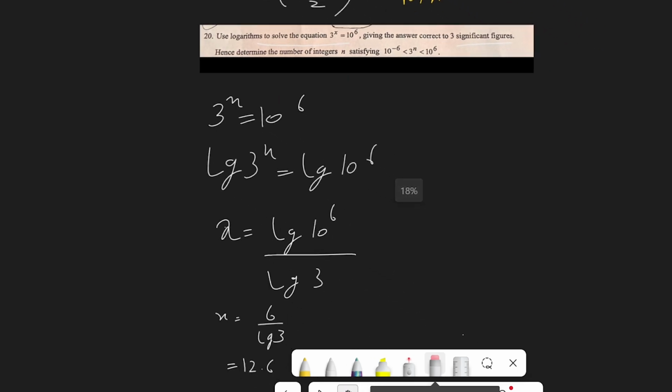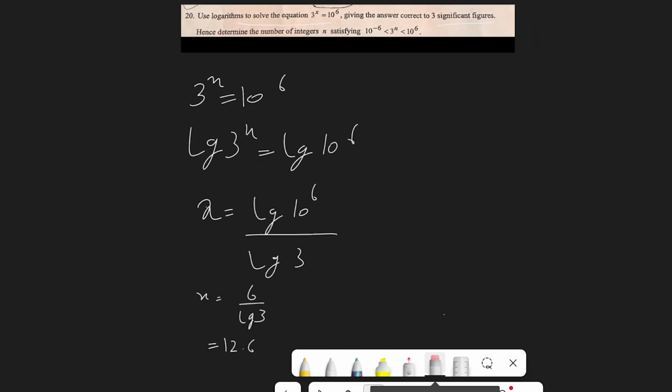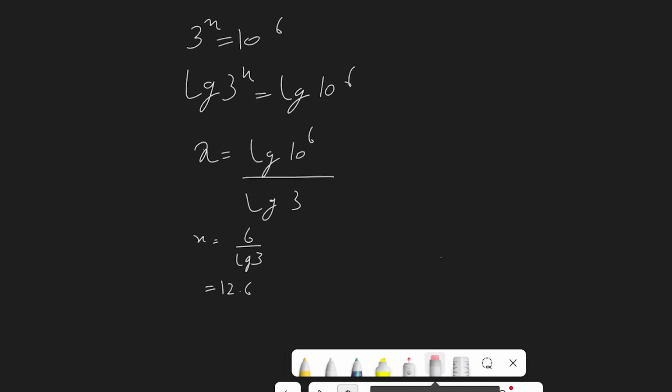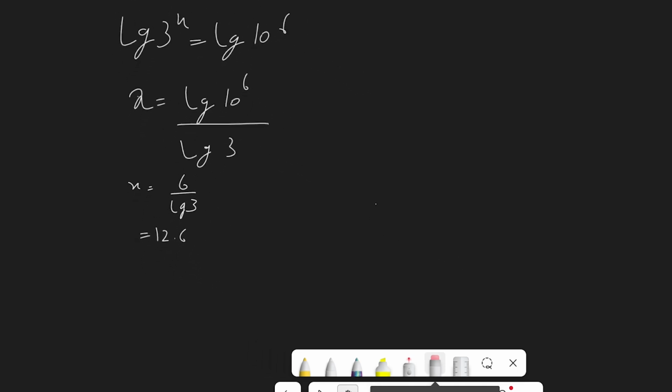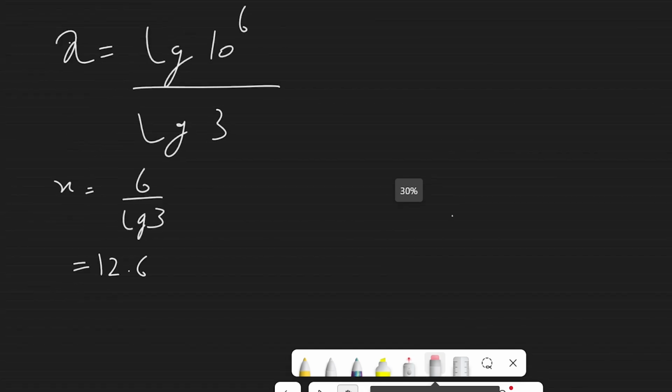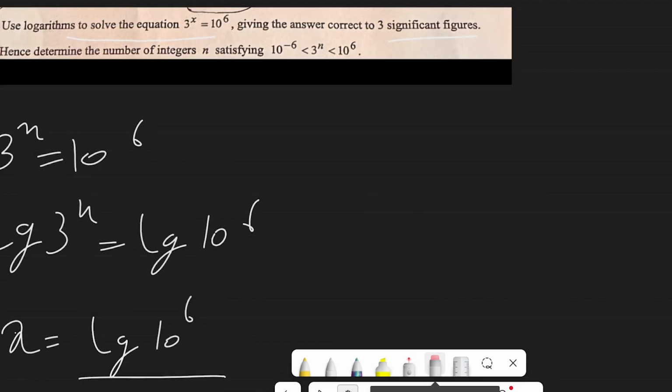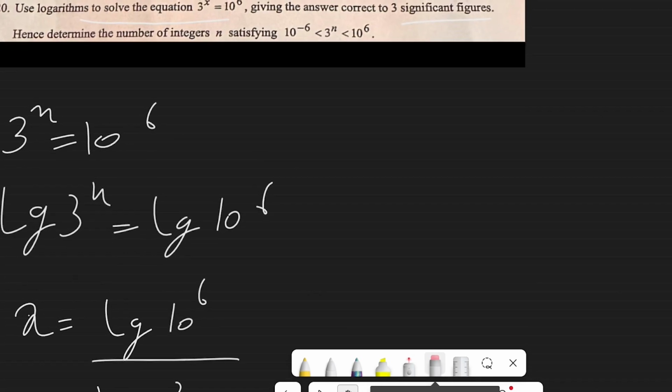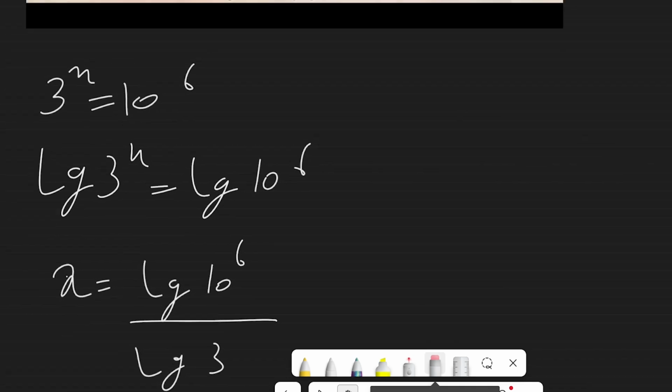So we have 3 power n in between, and we have 10 power minus 6 and 10 power 6 on the other two sides. We need to see what 10 power 6 is equal to. 10 power 6 is basically equal to 1 million, right?